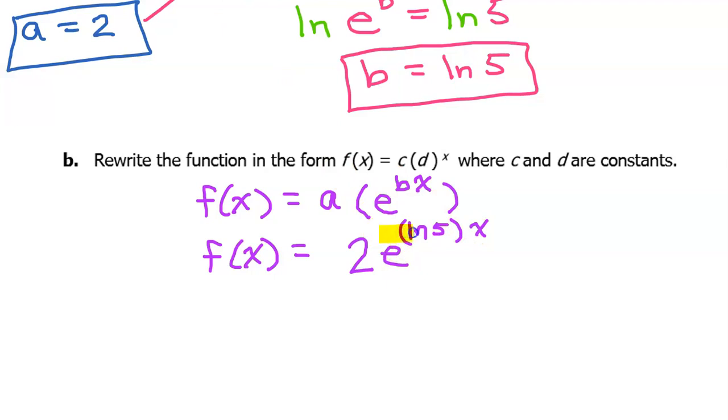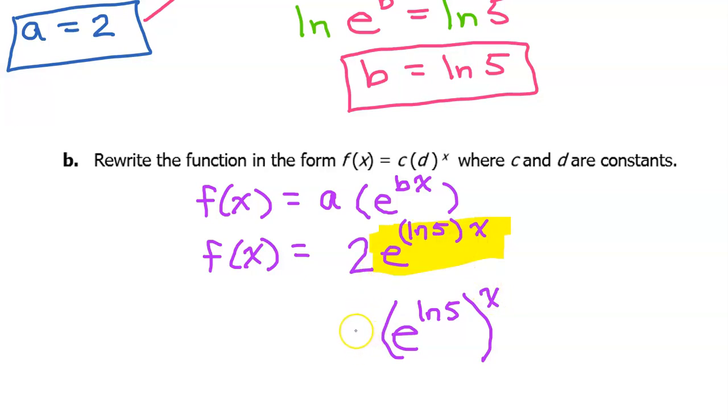So just focus on this part of it. But I'm going to rewrite this with e to the natural log 5. And then I'm going to take that x and put it outside of the parentheses. You can see these would be the same because when you have a power raised to another power, you multiply.